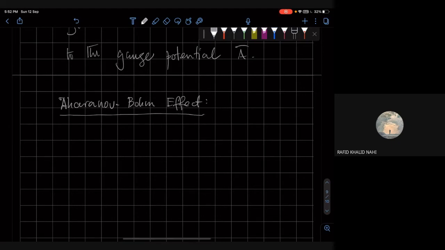So Bohm was a very famous physicist. He was also a philosopher. Bohm actually discovered an independent formulation of quantum mechanics, which is known as the pilot wave theory. Okay?